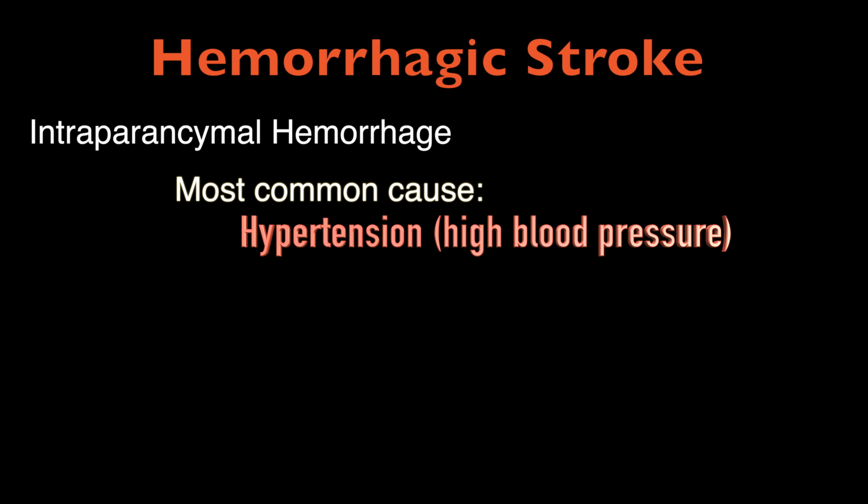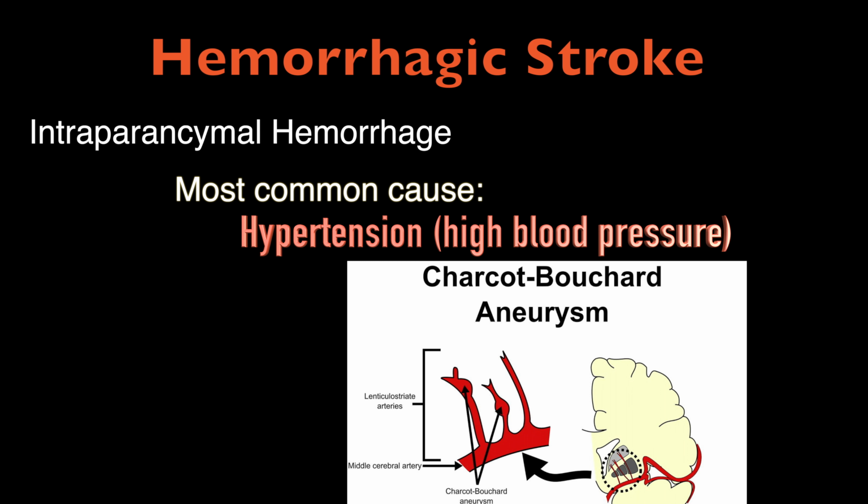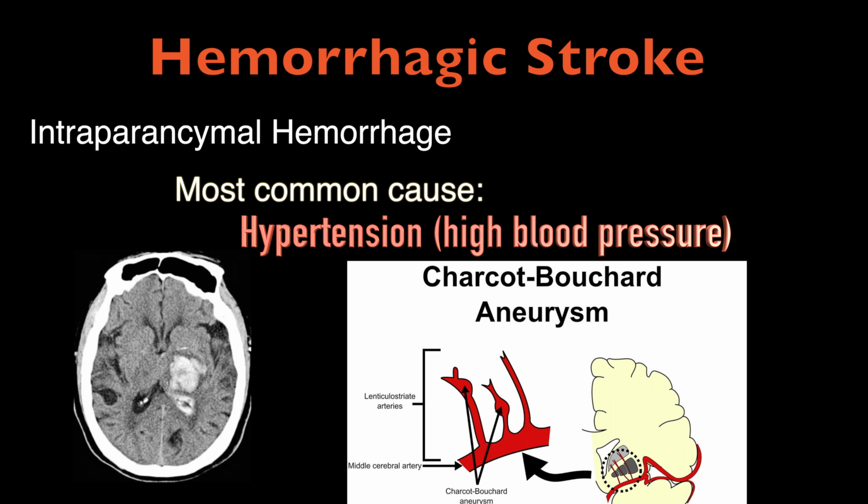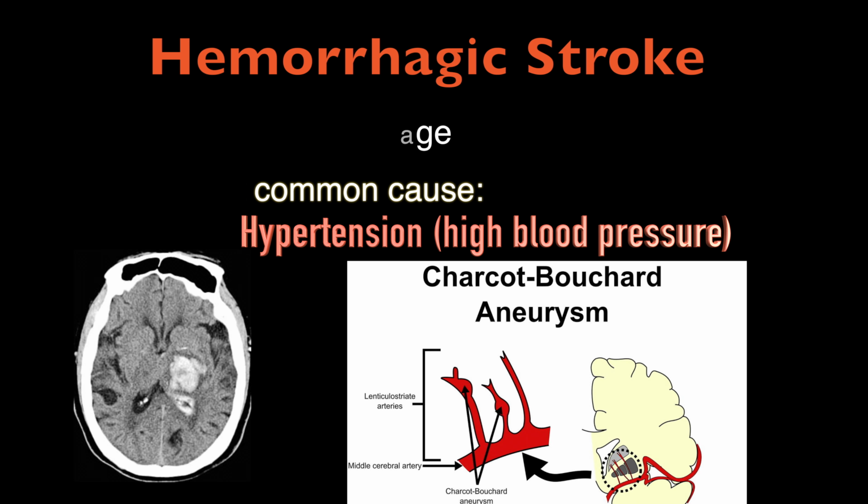And we talked about the mechanism of how high blood pressure causes intraparenchymal hemorrhage by causing small aneurysms in the lenticulostriate arteries, for example, called Charcot-Bouchard aneurysms, which could rupture one day, leading to intraparenchymal hemorrhage in the deep part of the brain. In the next episode, we will talk about subarachnoid hemorrhage.